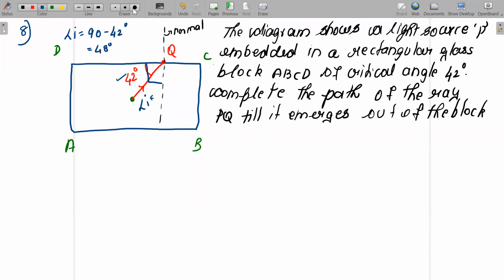So you guys got angle of incidence as 48 degree. Any doubts? Is it okay? Angle of incidence is 48 degree. You guys understood? Is it okay?